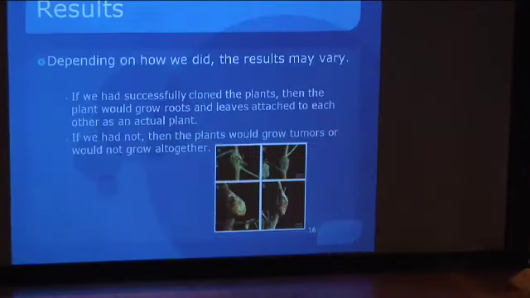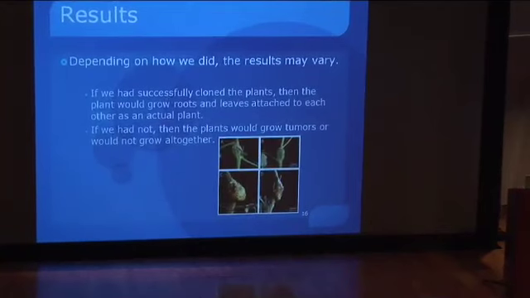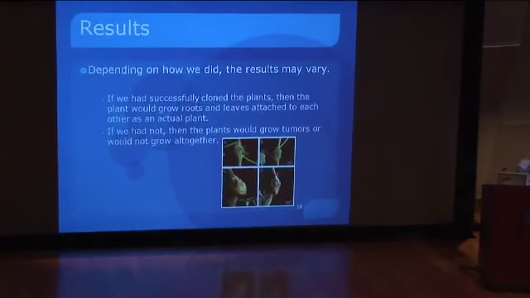One is that the cloning was successful, meaning more leaves and stems would grow. In other cases, if the cloning failed, you would see tumors on the plants. Most of my cloned plants gained tumors, which looks like the picture from before.